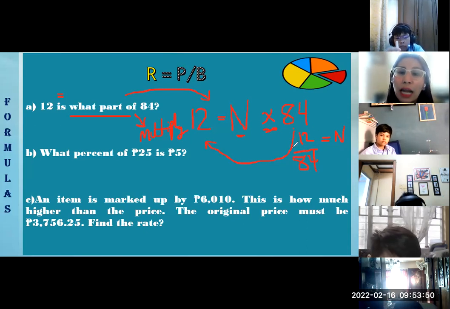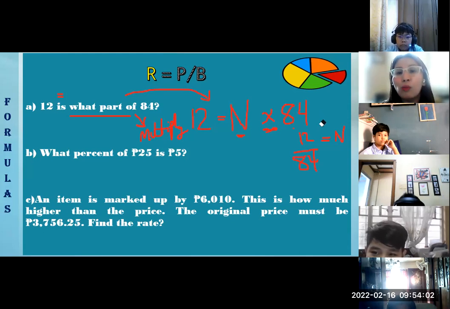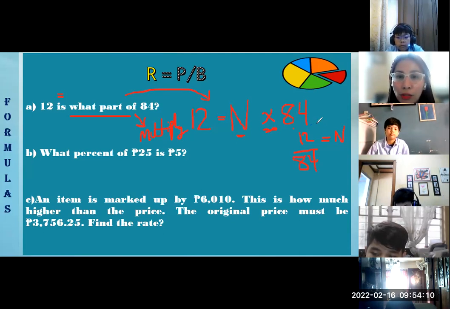Simplify natin siya, then we divide. So, let's simplify 12 over 84 by dividing them both by, is it 12 or 6? 12 can be divided. Yeah, 12, yes, pwede. So, divide natin by 12 para mas madali.